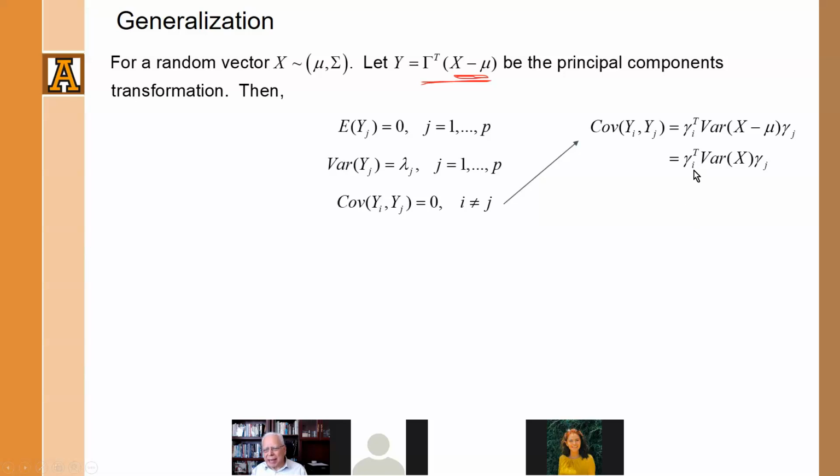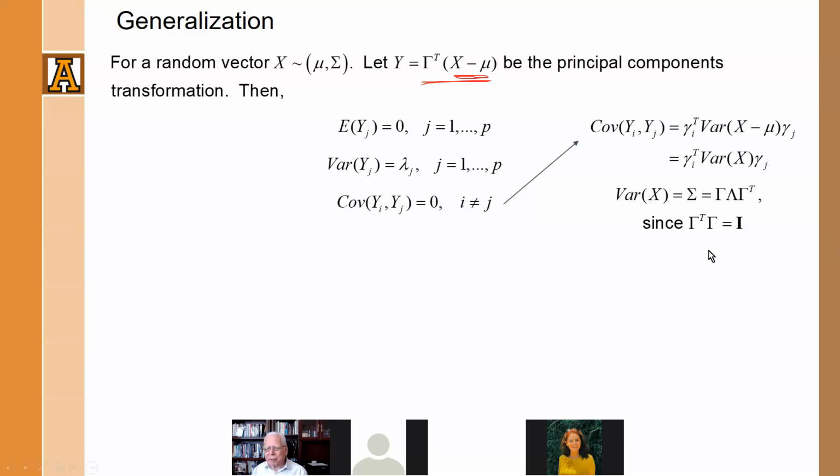And that's gamma i transpose times variance of X times gamma sub j. Now, if i is different from j, this covariance is going to be 0, because we can express the variance of X as gamma lambda gamma transpose, and we remember that gamma is an orthogonal matrix, so gamma transpose gamma is the identity.